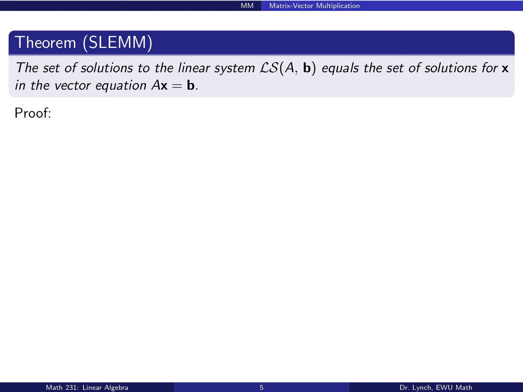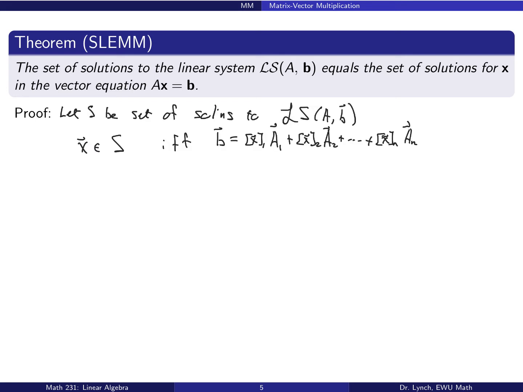The set of solutions to LS(A,B) is the same as the set of solutions to the vector equation AX equals B. So if S is the set of solutions to this linear system LS(A,B), then X is in that set if and only if B is X1 times the first column of A plus X2 times the second column of A, and so on out to Xn times the nth column of A. Of course, we've just seen that this is exactly the definition of B equals AX, matrix vector multiplication.